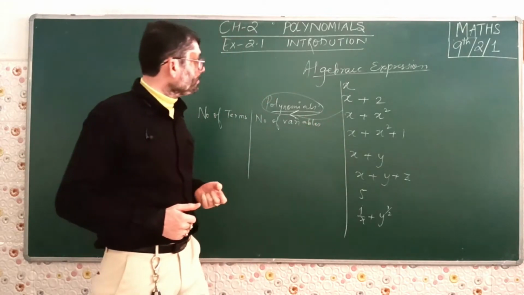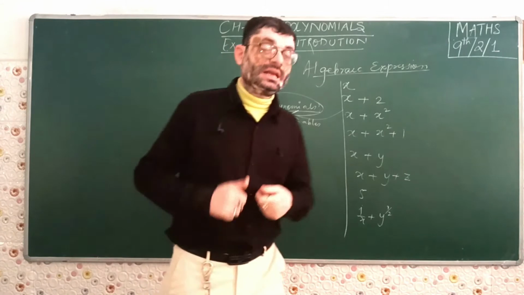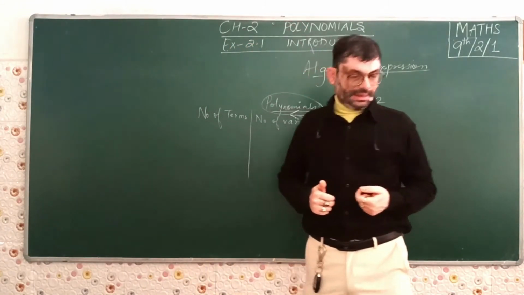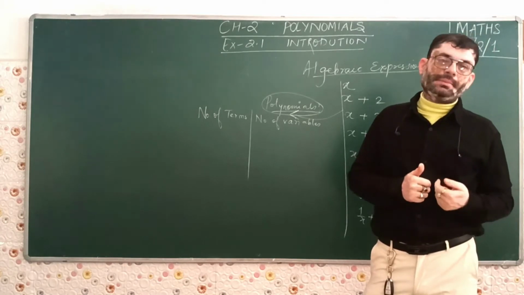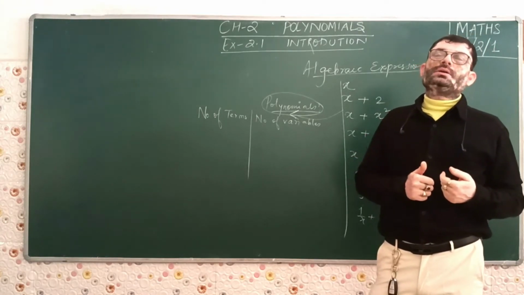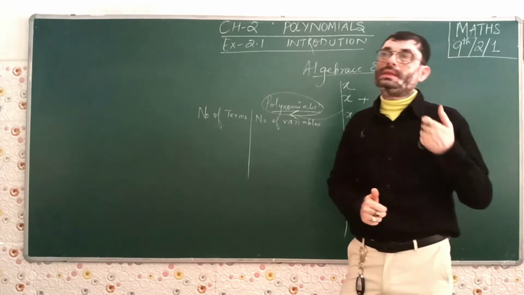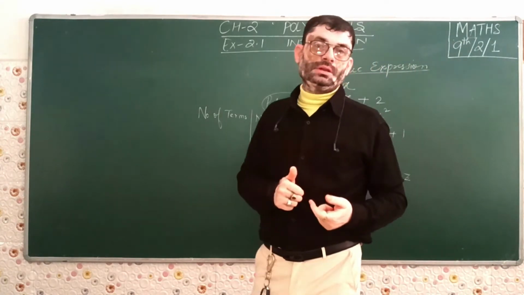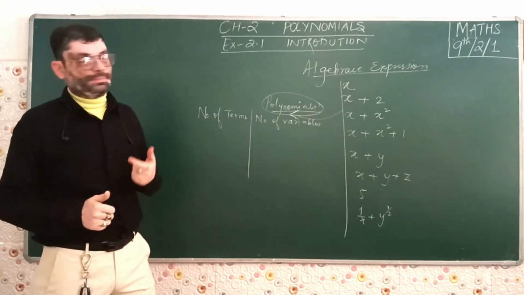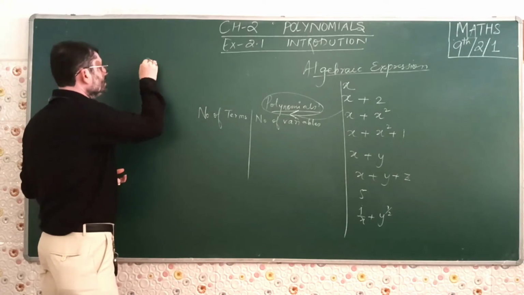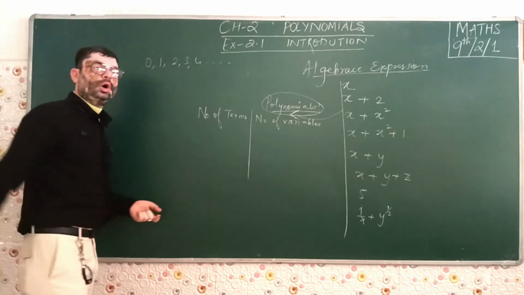But we can say that an algebraic expression is a polynomial, keeping in mind that the power of the variable should always be a whole number. Whole number means 0, 1, 2, 3, 4. These are our whole numbers.